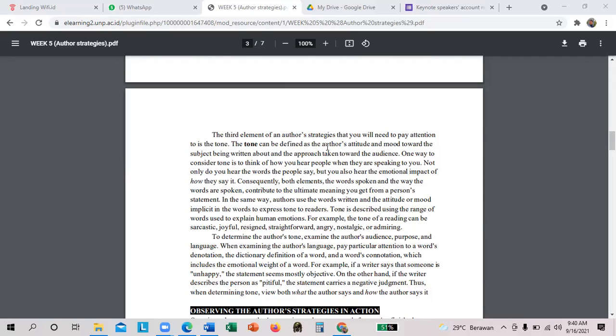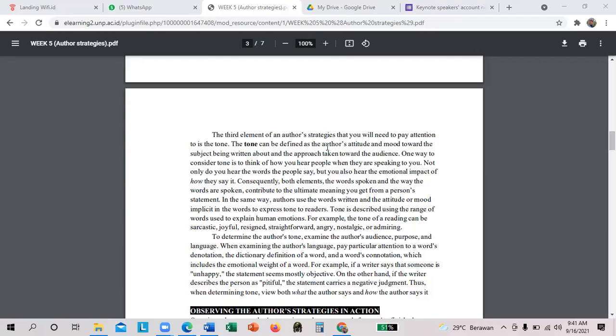But you can think about how you hear people speaking to you. But this one is in the form of writing, right? You can see the words spoken and the way the words are spoken. So that's how you can feel what the writer is feeling. So the words spoken and the way the words are spoken will contribute to the ultimate meaning that you get from a person's statement.